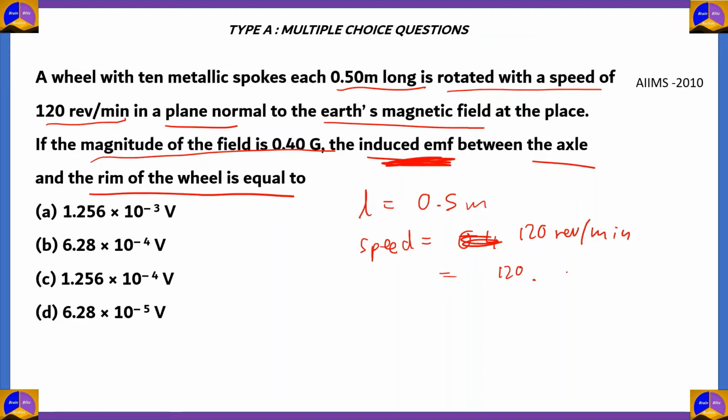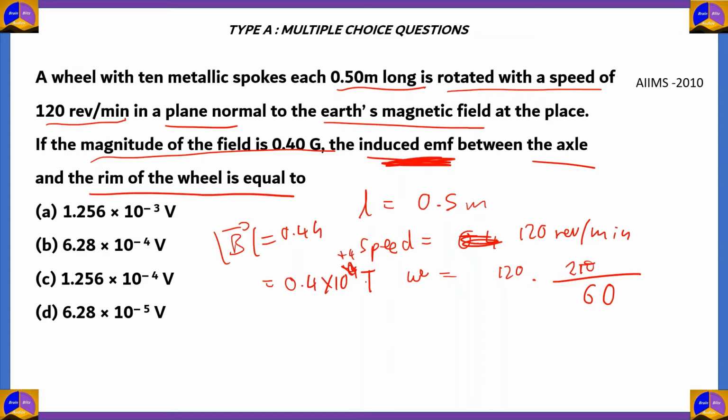In 1 revolution, the angle covered is 2 pi, divided by the total number of seconds in a minute, which is 60. That is how we define omega, or angular frequency. And we have the magnitude of the magnetic field, the modulus of B, as 0.4 Gauss, which we can write as 0.4 into 10 raised to minus 4 Tesla, because 1 Tesla is 10 raised to 4 Gauss.